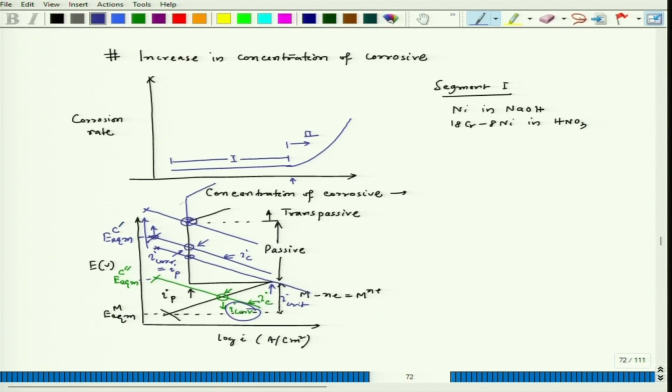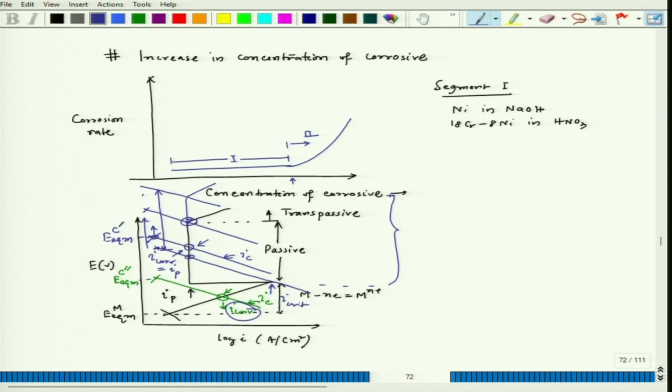So, if this is a wide passive zone, then this will be my limiting concentration of the corrosive, where if we increase the concentration a little bit, it will reach the transpassive zone. So, from this concentration to this concentration level, over a wide range, I can maintain spontaneous passivity. That material will go to spontaneous passivity, and then passivity will be maintained.